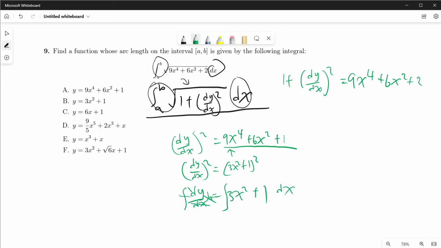So we have y would just be x cubed plus x plus a c, right? But we just need to find a function. So this function would do.